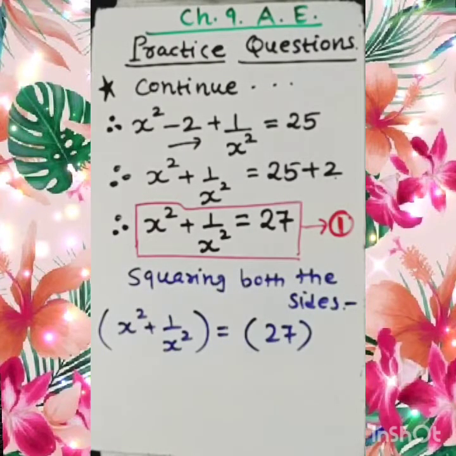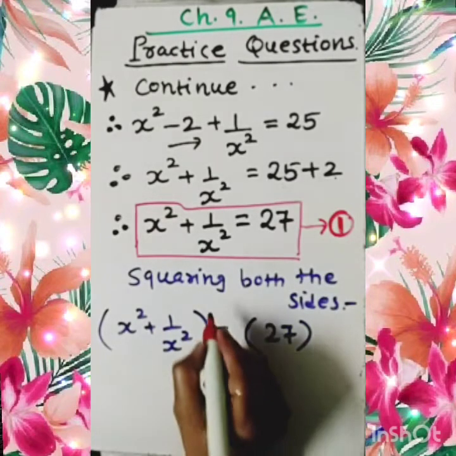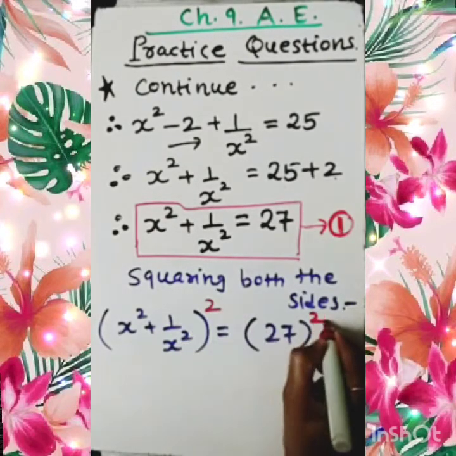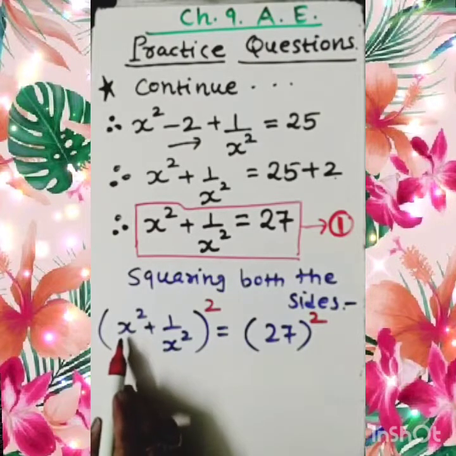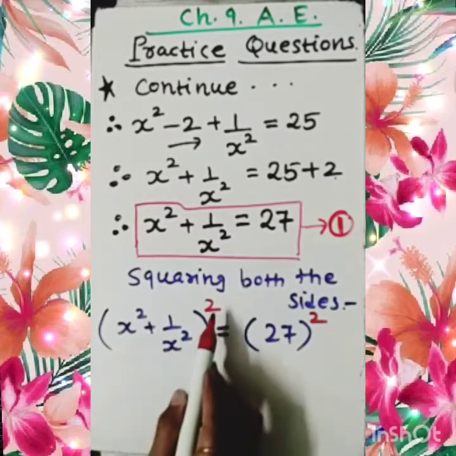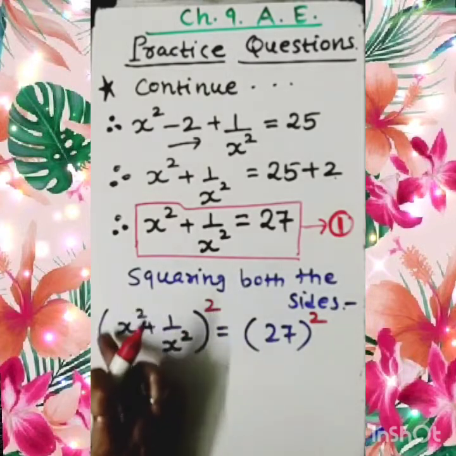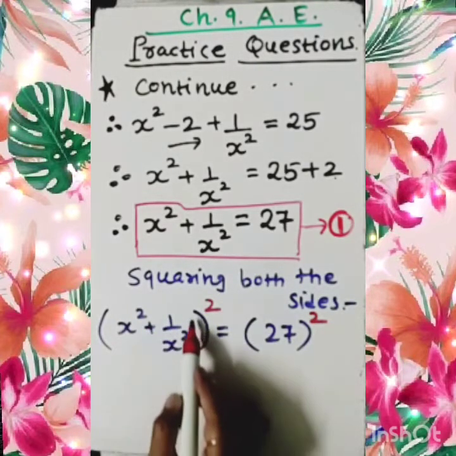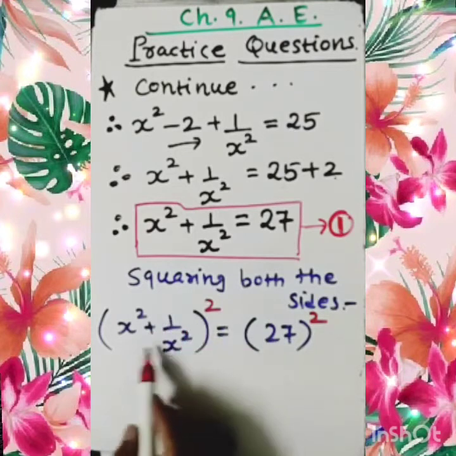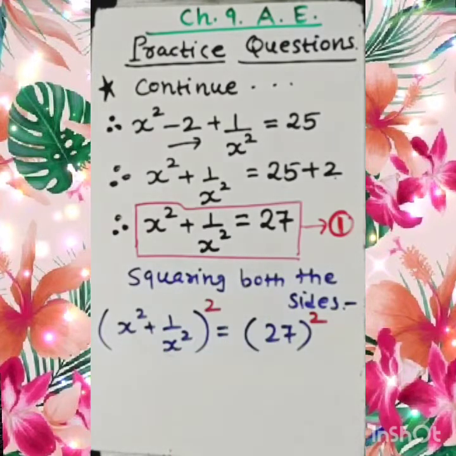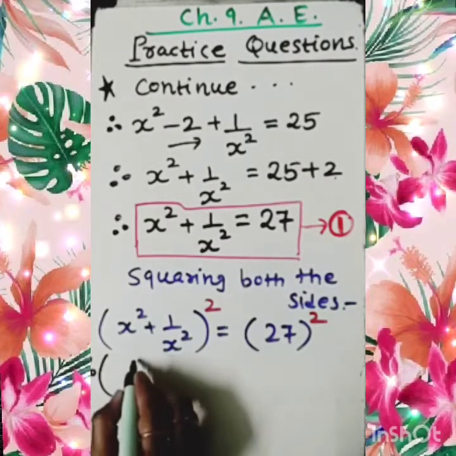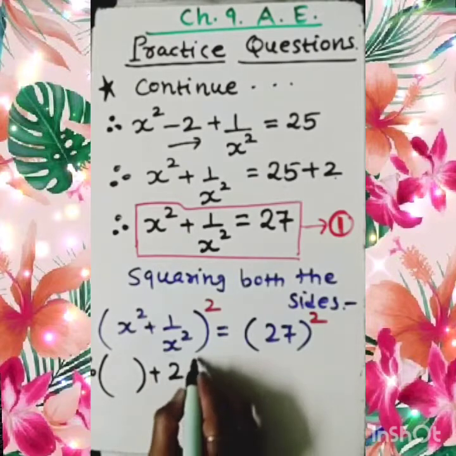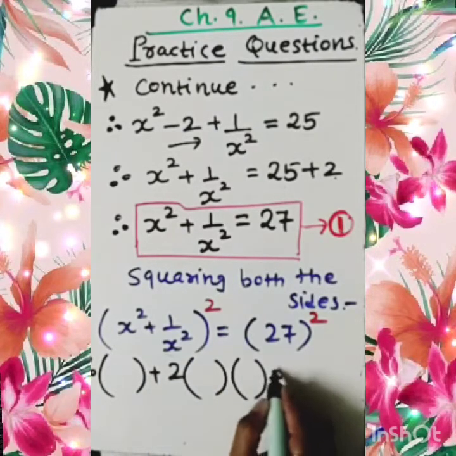Now squaring both the sides indicates the square of LHS and the square of RHS also. Now dear student, as you know, this is A plus B whole square. The first term A is x square, the second term B is 1 upon x square, and that is whole square. So the next step will be A square plus 2AB plus B square.